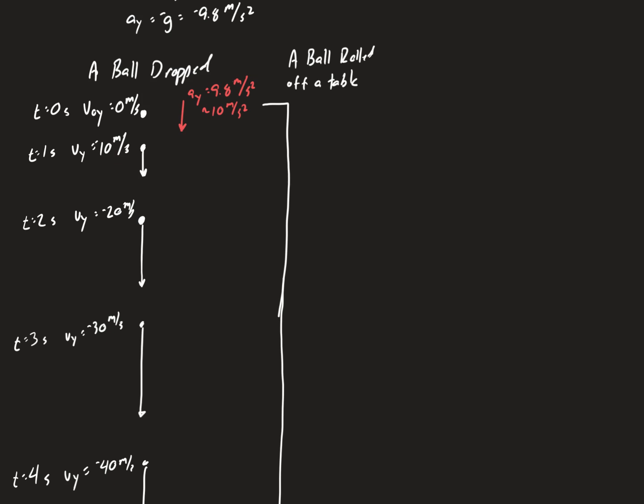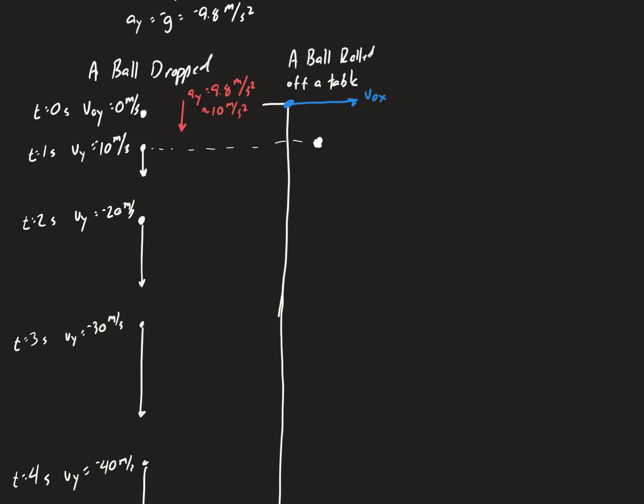One of the things we're assuming in this case is that, since the ball is being rolled off of the table, it has some type of initial velocity in the x direction. Now the ball continues to be accelerated in the y direction, but in the y direction only. So at 1 second, I'm going to draw these little dotted lines over here, about this point is where time equals 1 second.